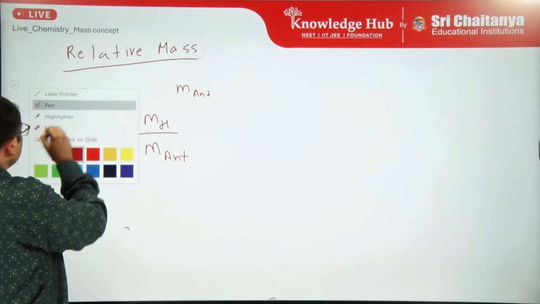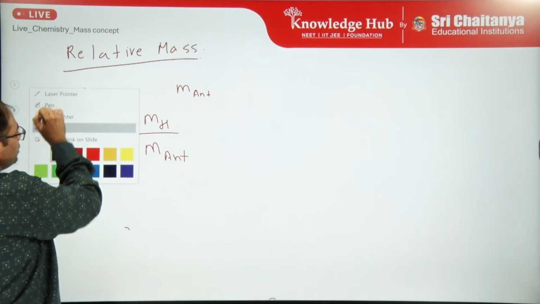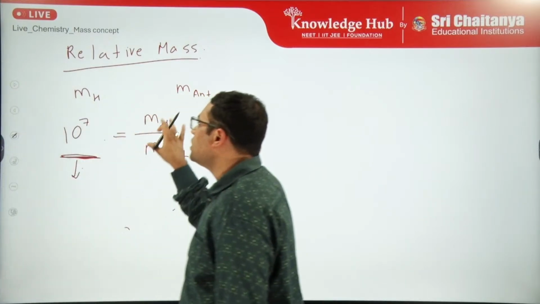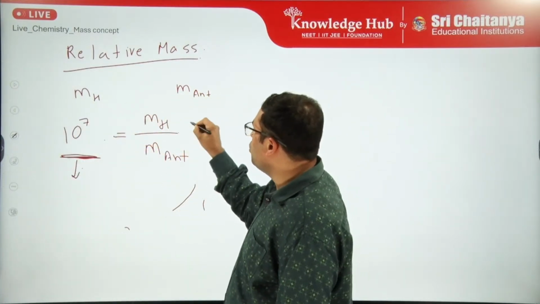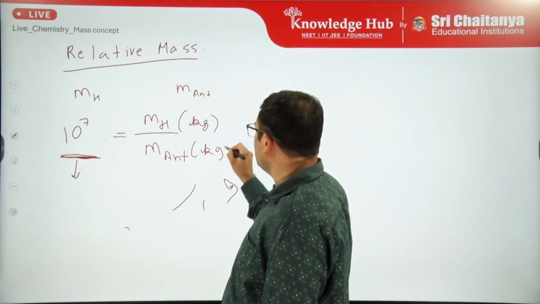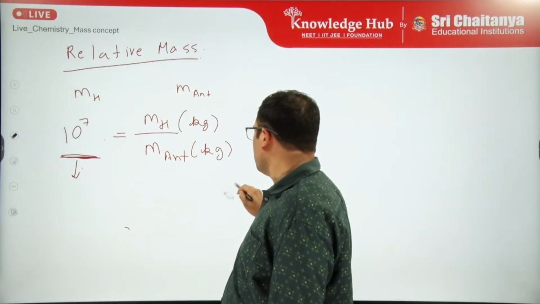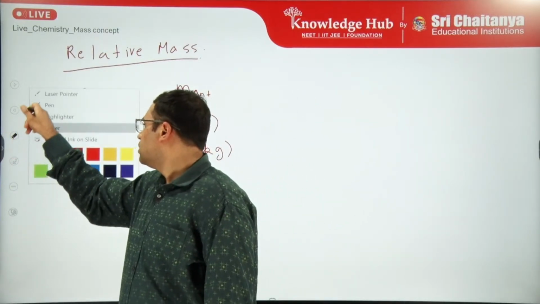This is not in kgs actually. Why is it not in kg? Can anyone think about it? Because it is a ratio. Here also you have this mass in kg. Here also you have this mass in kg, right? So this kg and kg will get cancelled out, right?